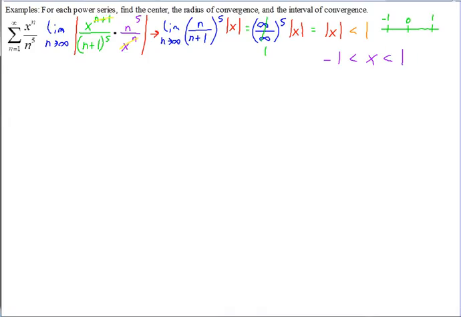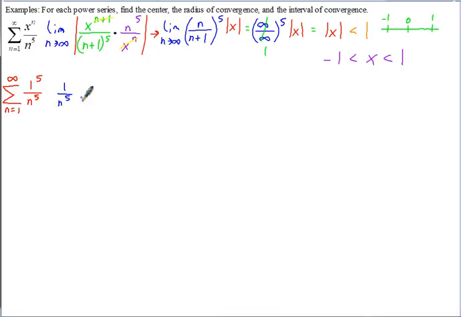So you go back to the original series and substitute in 1 for x, because we're going to see if this should be a parenthesis or a bracket, meaning an or-equal-to or not. If we substitute in 1 for x, that'll be 1 to the 5th over n to the 5th. Well, 1 to the 5th is just 1. So we've got 1 over n to the 5th.